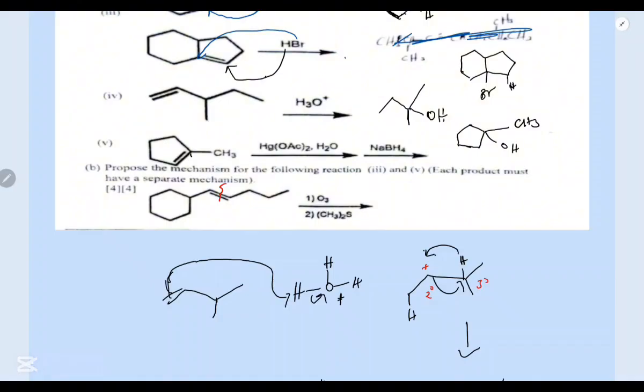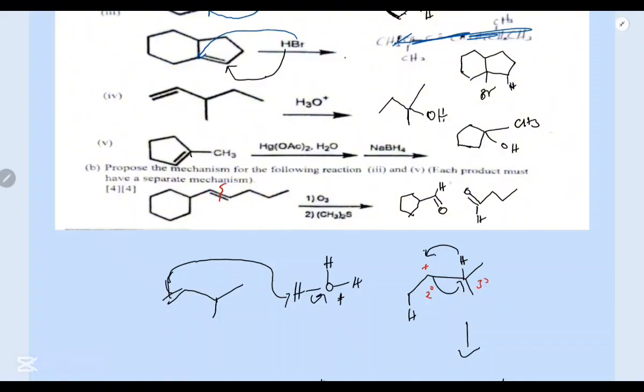After breaking, we are going to have two products. The first product will be that where the bond has been broken, just like this. So you just add oxygen here, and you add oxygen here, hydrogen there, and hydrogen here.